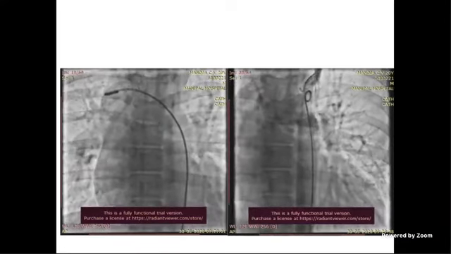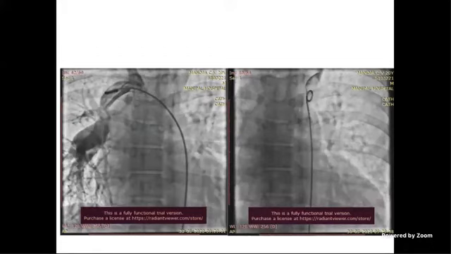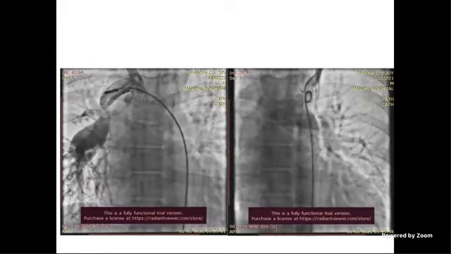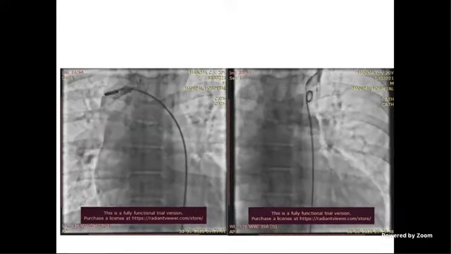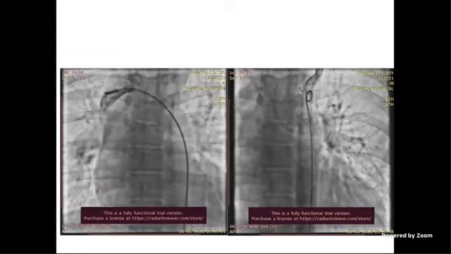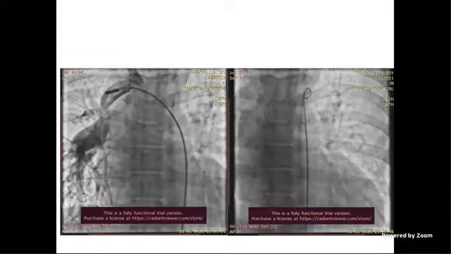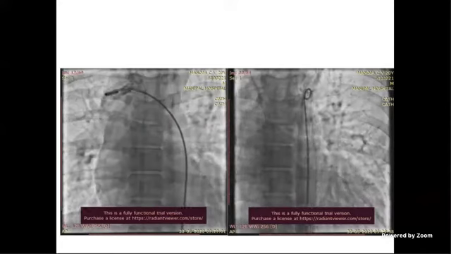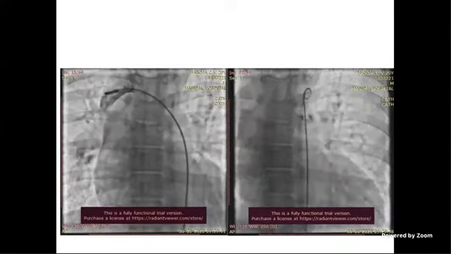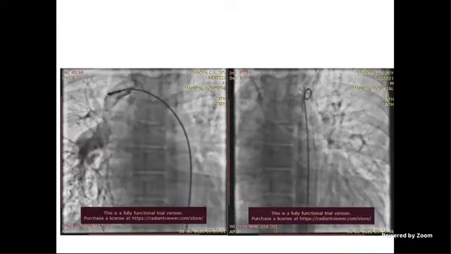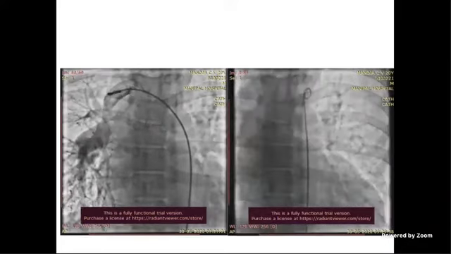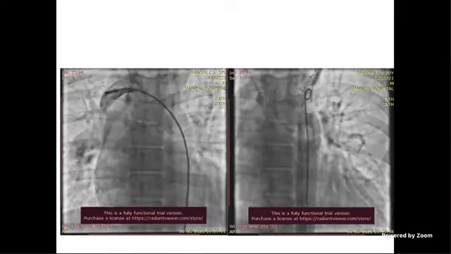The catheter course is from the descending thoracic aorta to the aortic arch.